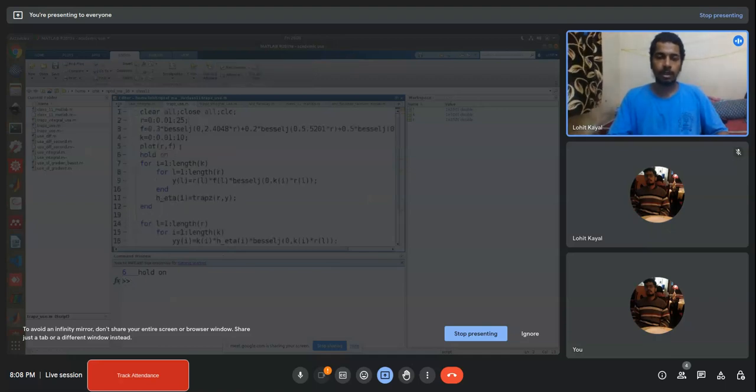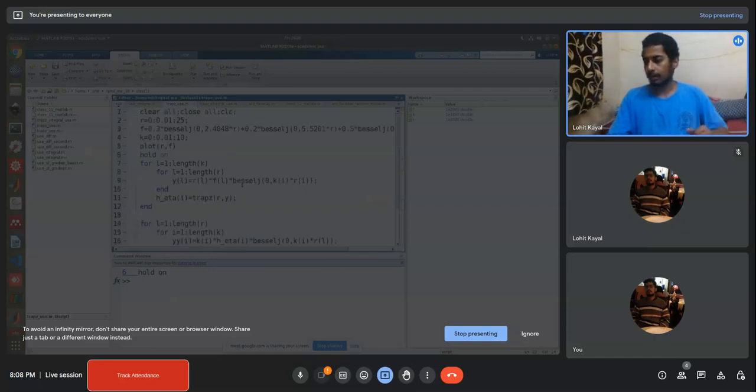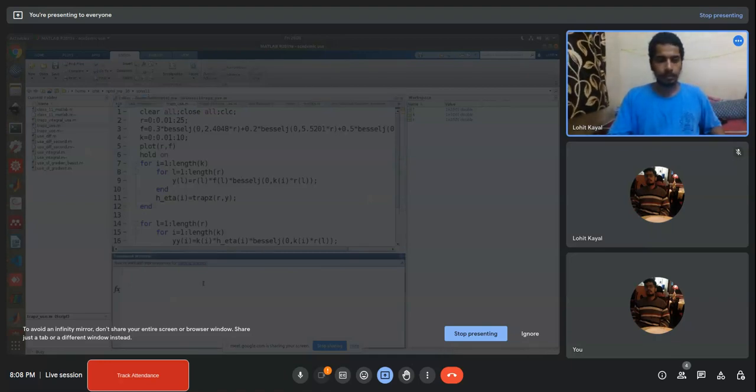Okay, so let's check. This is my original plot, r and f, and this is coming from the inverse Hankel transform, r and eta. And here I have plotted k and eta, that means this is k versus the f tilde of k, the signal in the k plane. In the k plane, I should get back the frequency.